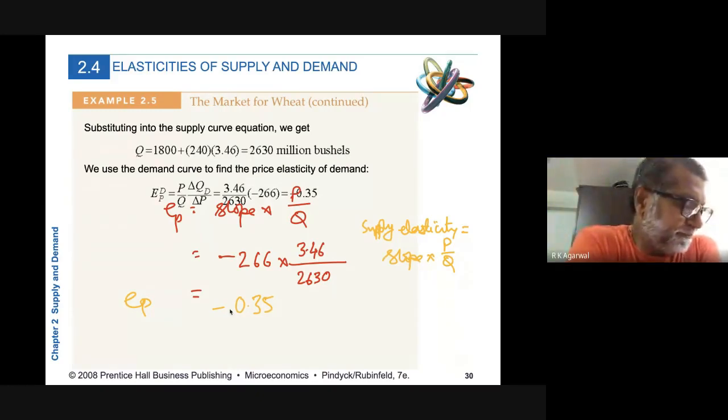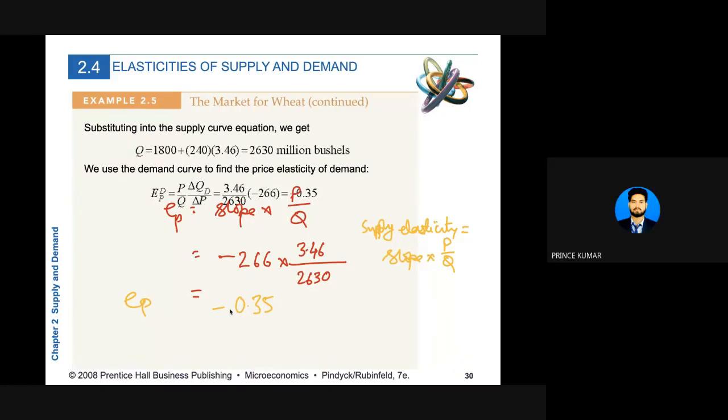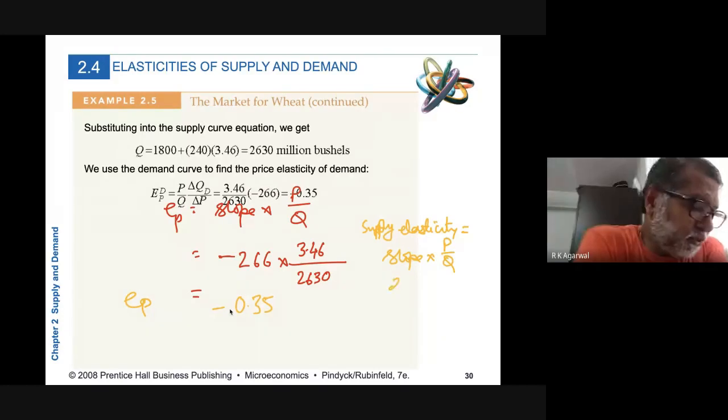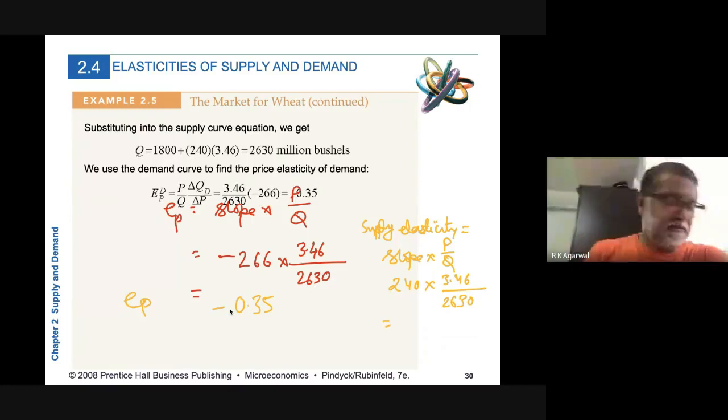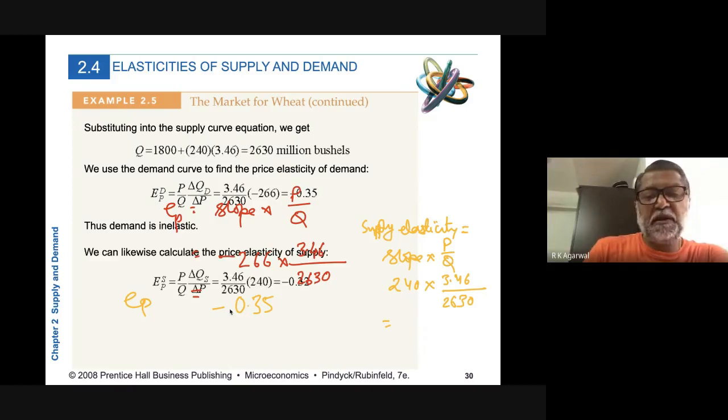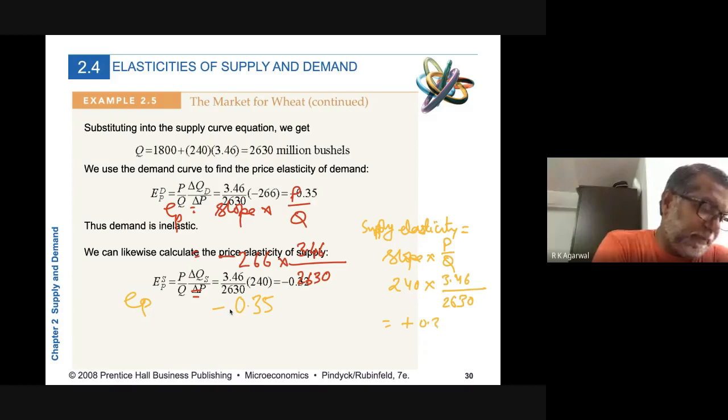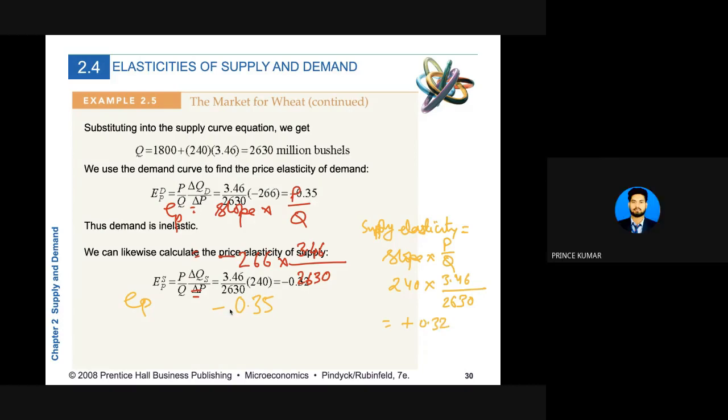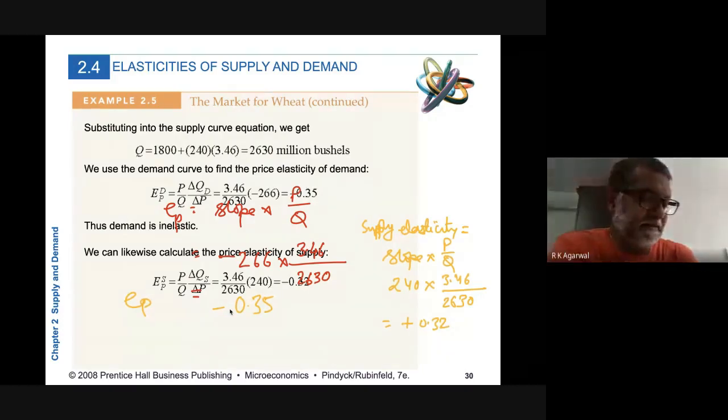So this is 240 into P is 3.46 divided by Q is 2630. So how much is this? I think this is slightly more. This is the supply elasticity, plus 0.32.